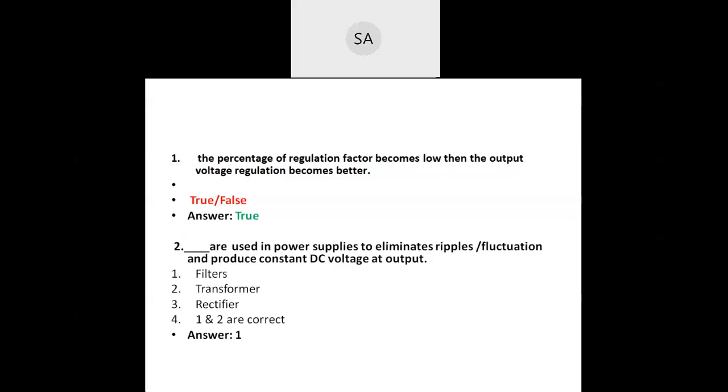Next: dash are used in power supplies to eliminate ripples or fluctuations and produce constant DC voltage at the output. The options are filters, transformers, rectifiers, or 1 and 2 are correct. To produce a constant DC output voltage, we use only the filters.